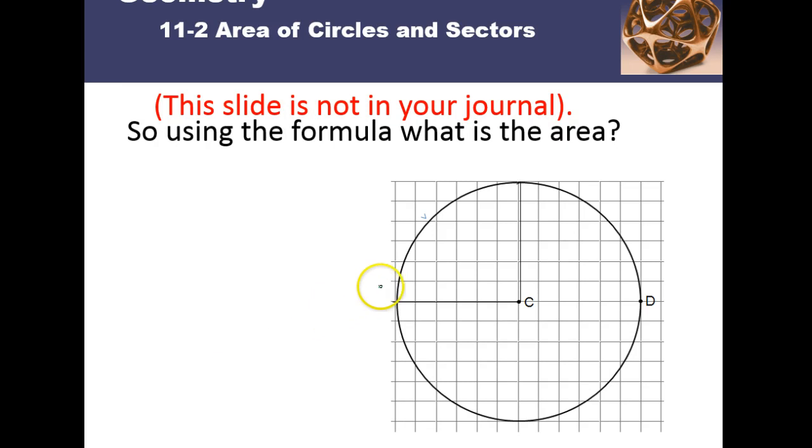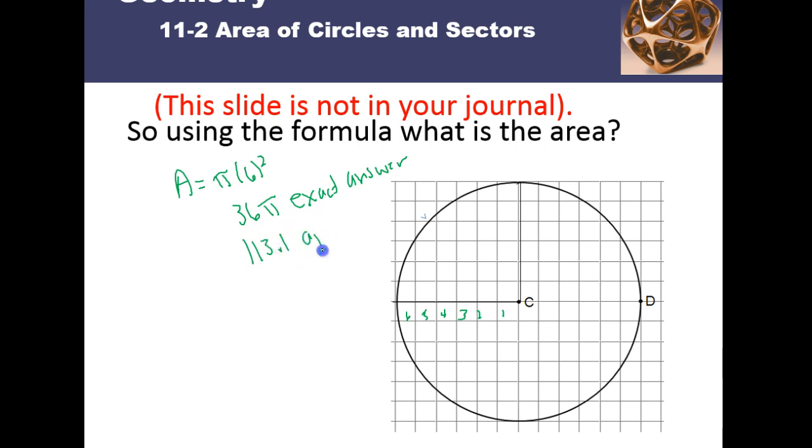So this slide isn't in your journal, so I want you to just use the formula to find the area. Oh, and we already did this. It was 1, 2, 3, 4, 5, 6. So we did A equals pi times 6 squared. So I get 36 pi for my exact answer, and 113.1 basically for my approximate answer.